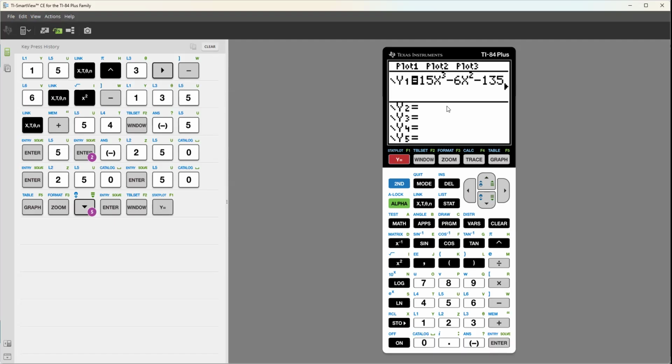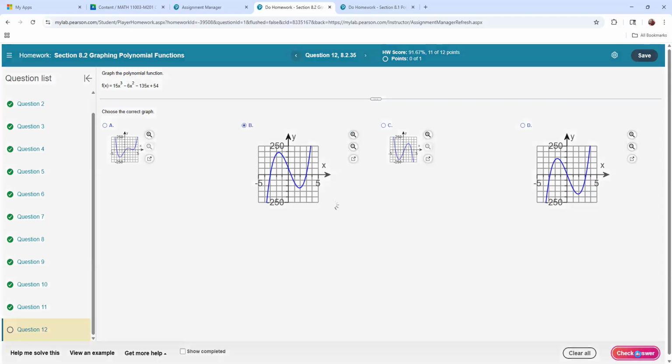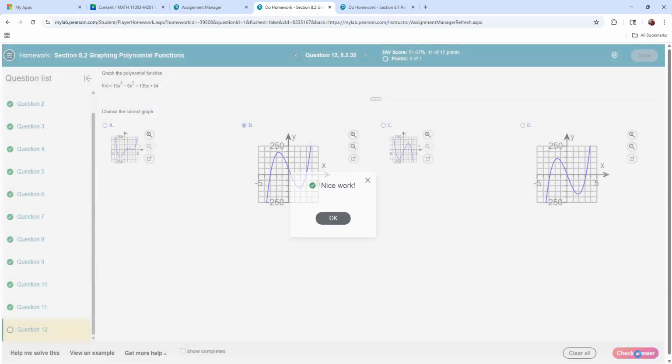So Zoom Standard is the quickest way to get it back to the 10 by 10 without you having to go in and actually do negative 10, 10, negative 10, 10, and so forth. All right, y'all. So on that graph, I'm going to definitely pick B and check that answer.